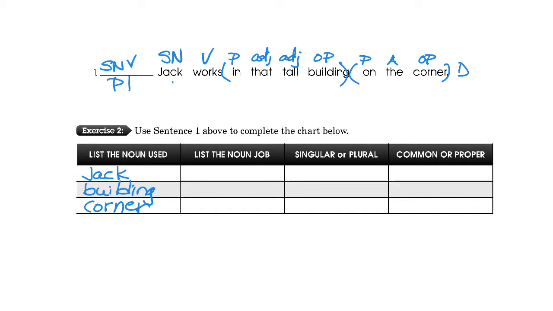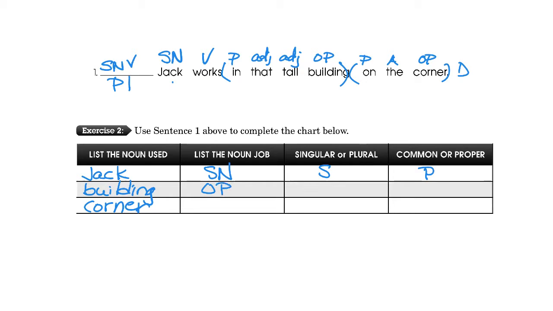Okay, so what is the noun job for Jack? Get ready. Subject, noun. Is Jack singular or plural? Get ready. Yes, singular. Is Jack common or proper? Get ready. Proper. Good. Building. What's the noun job of building? Get ready.